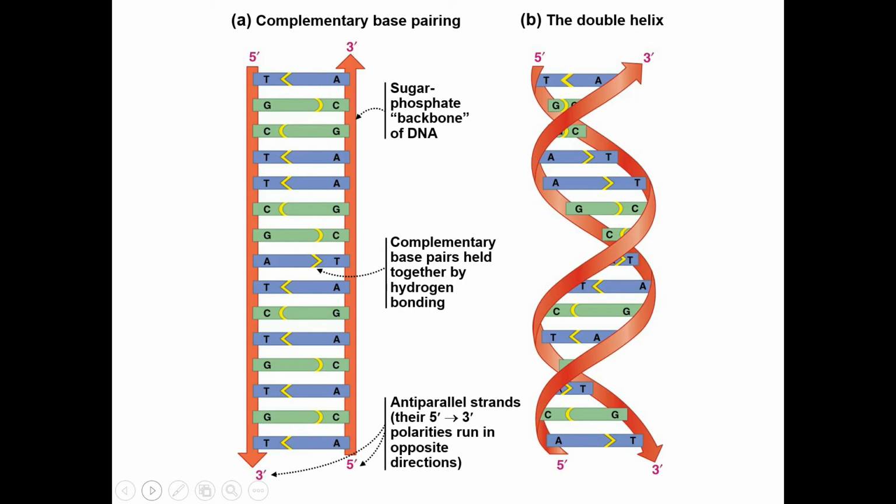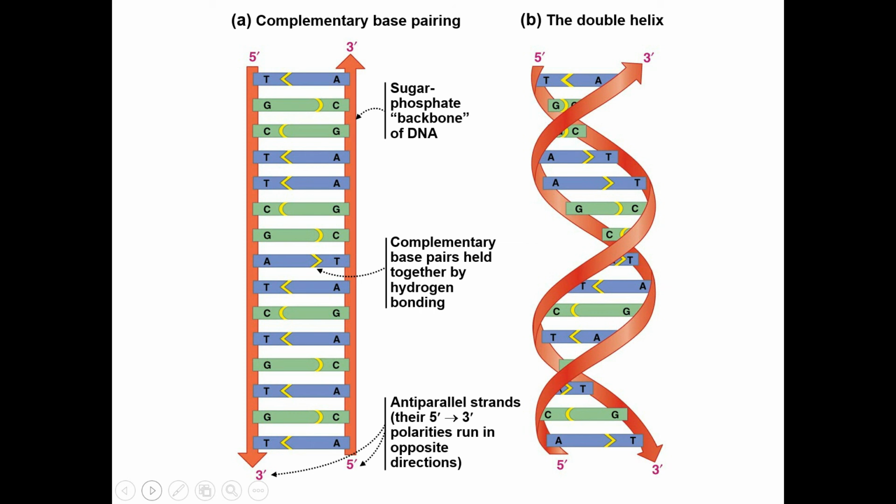So here you're being shown complementary base pairing between the 2 strands of DNA polynucleotides that make up a molecule of DNA. Notice that the 2 strands are oriented in opposite directions.